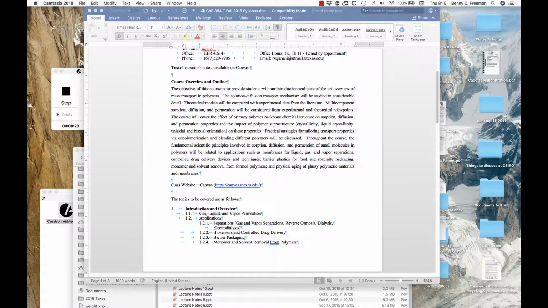We'll also spend a good fair amount of time later on going over specific applications where polymers are used as membranes or as barrier materials.